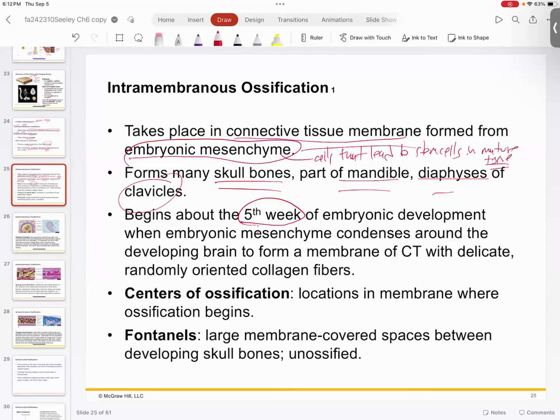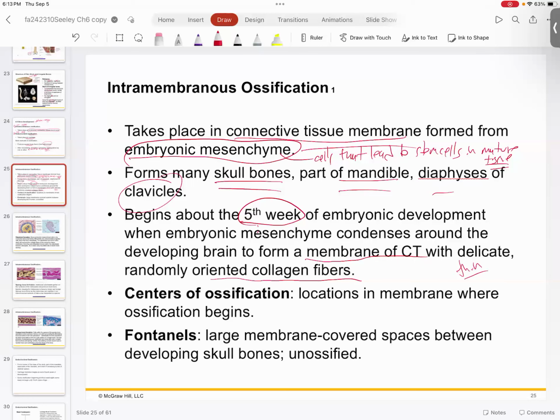And so what happens is the mesenchyme cells will condense around the brain, and they'll fuse together, and they'll form this little membrane of connective tissue. Now, that's your membrane that you're talking about for intramembranous. And so it will be very, very thin. They refer to it as delicate here. The randomly oriented collagen fibers.